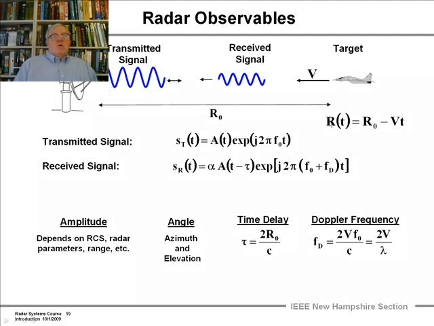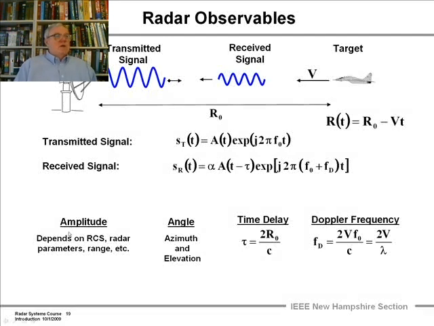I'm going to note up here that the range to the radar of the target is just its range at t equals 0, and since it's coming this way, you have to subtract off the velocity times the time, because the target's moving. But I want to point out that the received signal's frequency is changed because of a physical effect known as the Doppler effect. And I'm going to go over with you a derivation of the Doppler effect in a view graph or so.